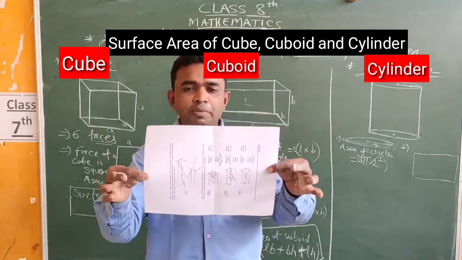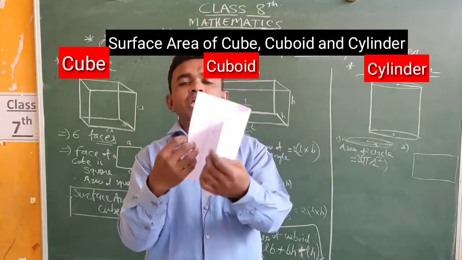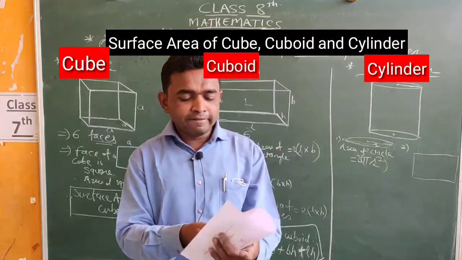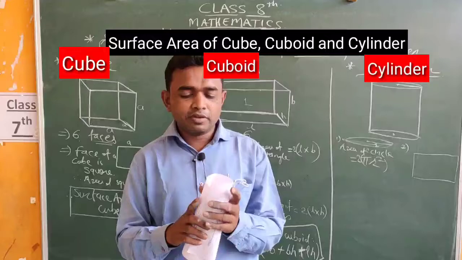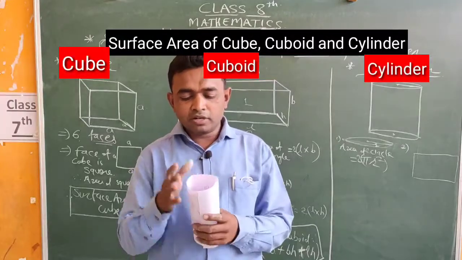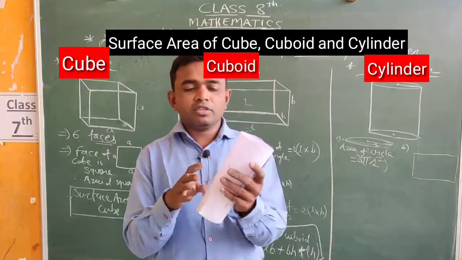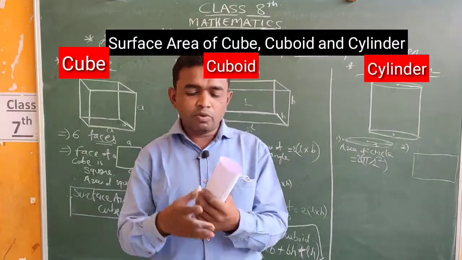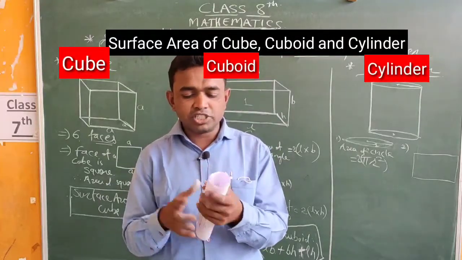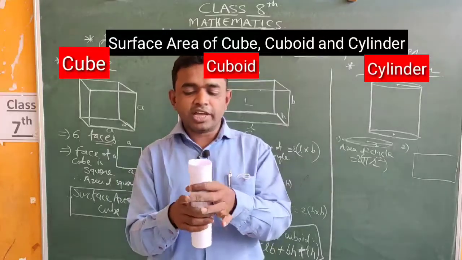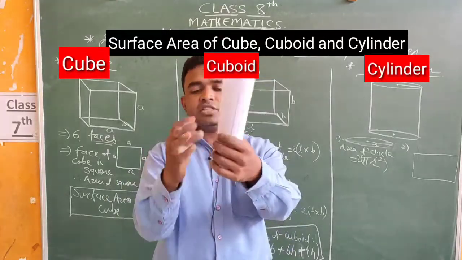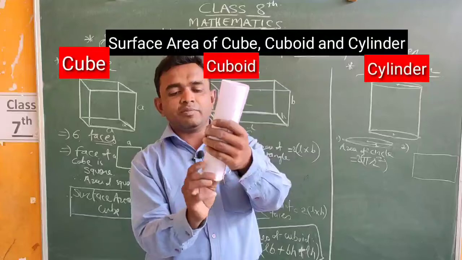The shape of the page is a rectangle. When we fold it out and make a circular part, that means we get the cylindrical shape. When we fold it out and make a circular shape, then this is just like a cylinder. This is just like a cylinder part.